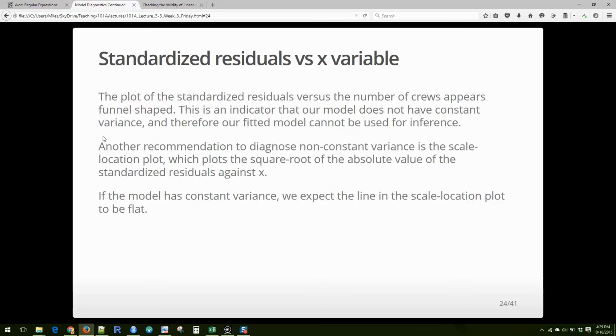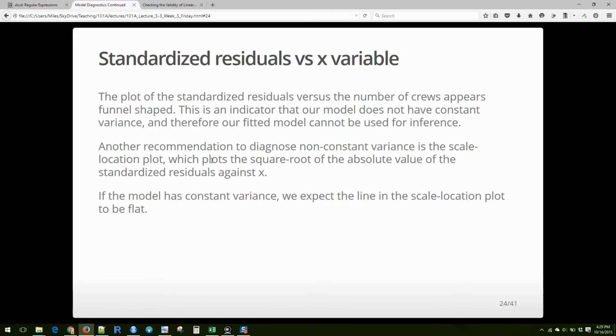So if you want to use your models for inference and it doesn't seem 100% valid, be very clear and transparent in your write-ups and say, I've done this, I've accounted for these things, and I've tried to fix it. I'm still seeing some of this stuff. Again, it's very important that our models are valid before we go on.